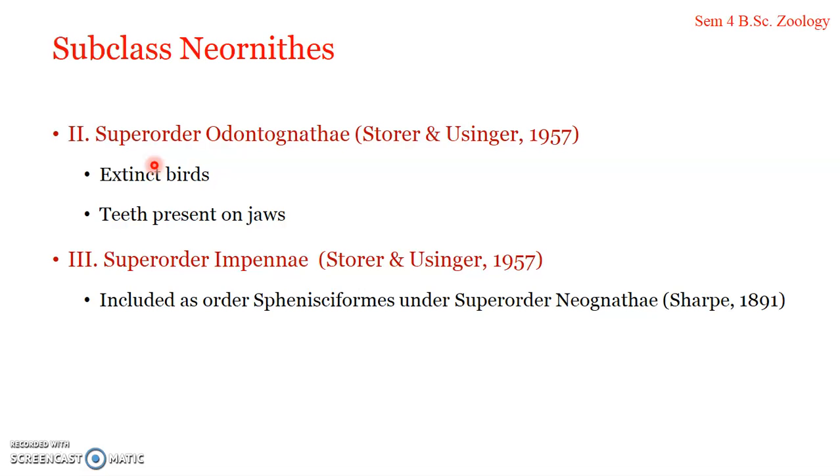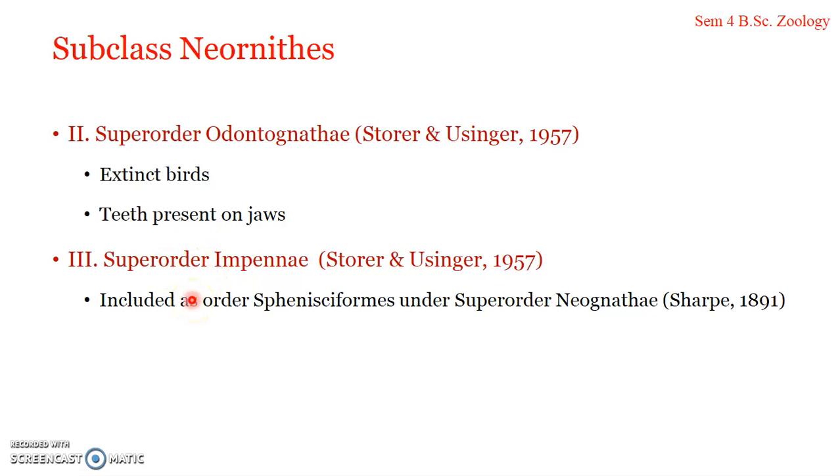So two kinds of classification have been found, and as per the syllabus, this order Spheniciformis or order Impennae has been put under superorder Neognathae. So you will be learning it under superorder Neognathae as order Spheniciformis. But Storer and Singer put it as a superorder Impennae, and it includes the penguins.